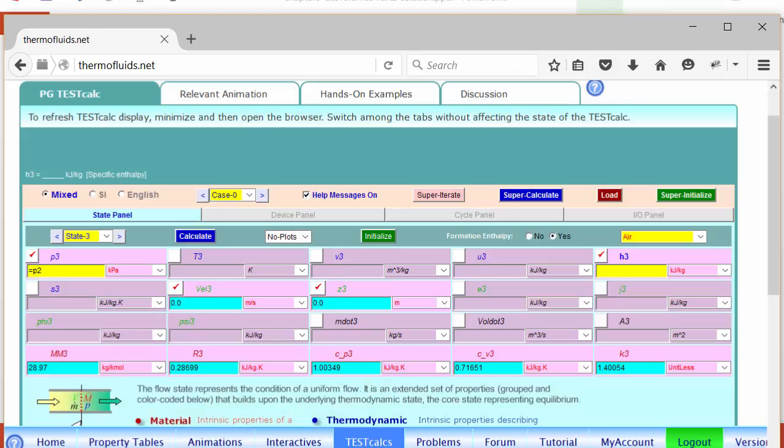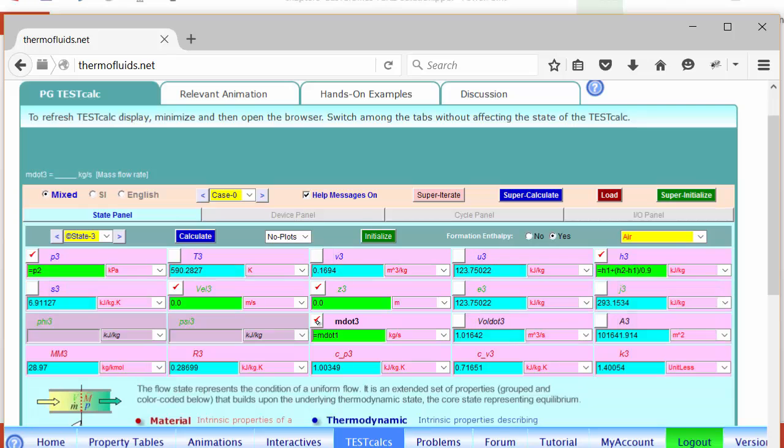So we'll substitute it here: H3 equals H1 plus (H2 minus H1) in parentheses divided by 0.9, which is the compressor efficiency. And of course, the mass flow rate m dot 1 remains the same.